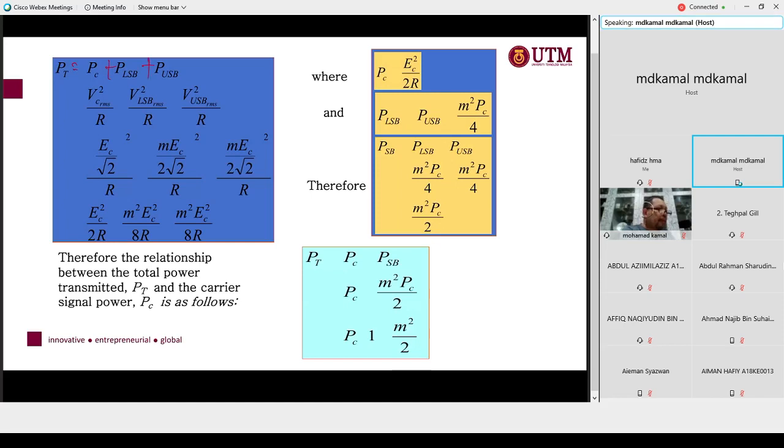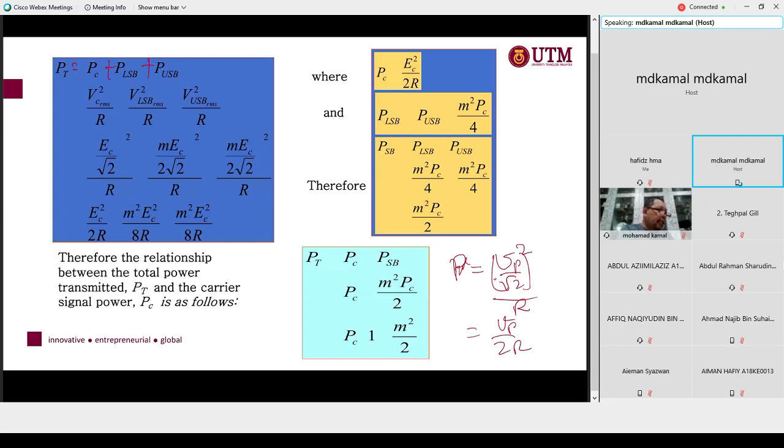As you know, your power is equal to what? V squared over R, or maybe we can say V peak over square root of 2, taking the RMS value, over R. So usually we take it in terms of the RMS value here. So we have V peak squared over 2R here.